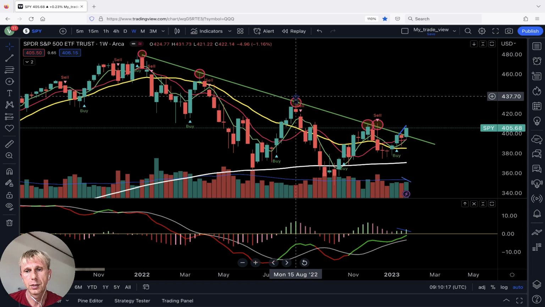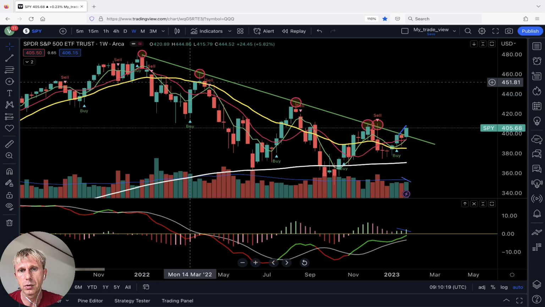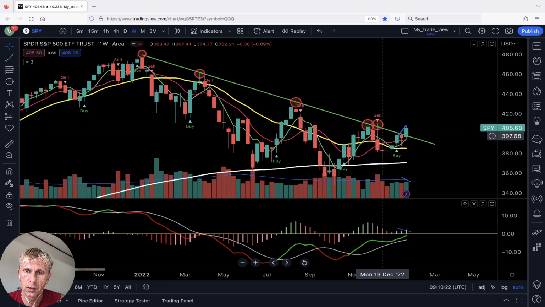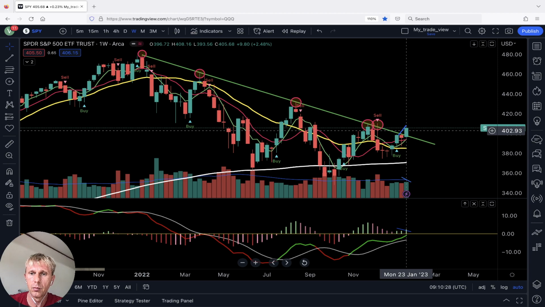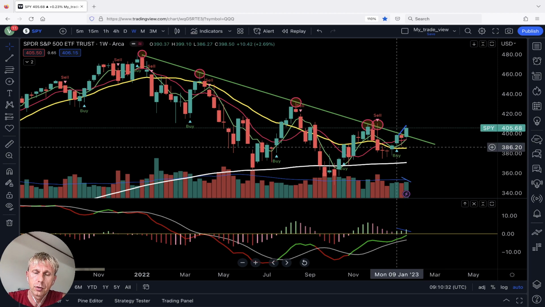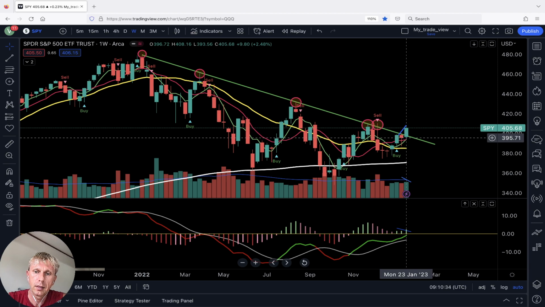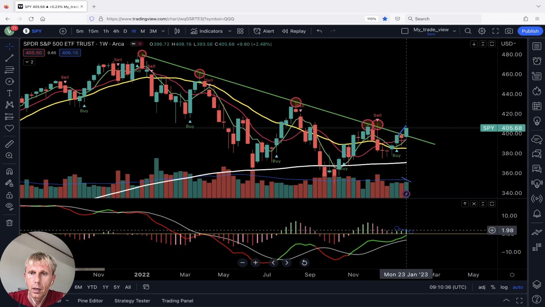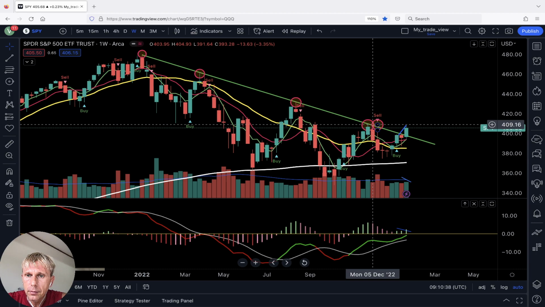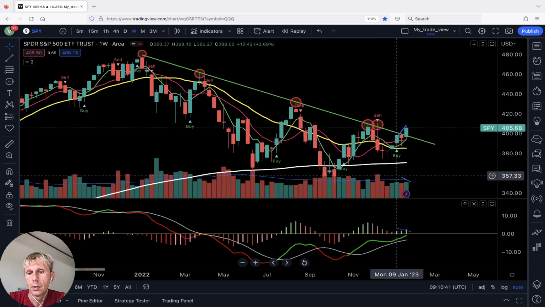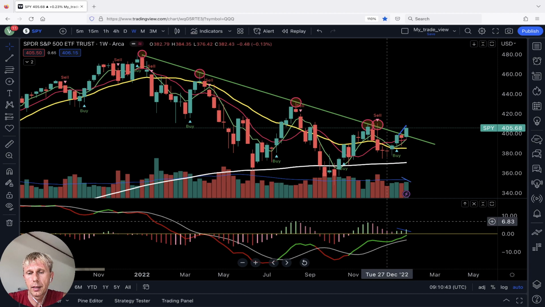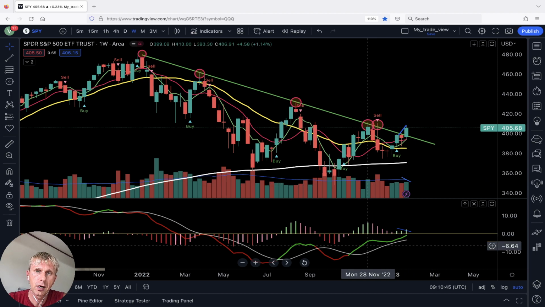We touched that multiple times, 5 times already, but it closed above this week. MA5 did a bullish crossover, it's bullish. MACD still bullish. I can say it's still a bullish trend on MACD.